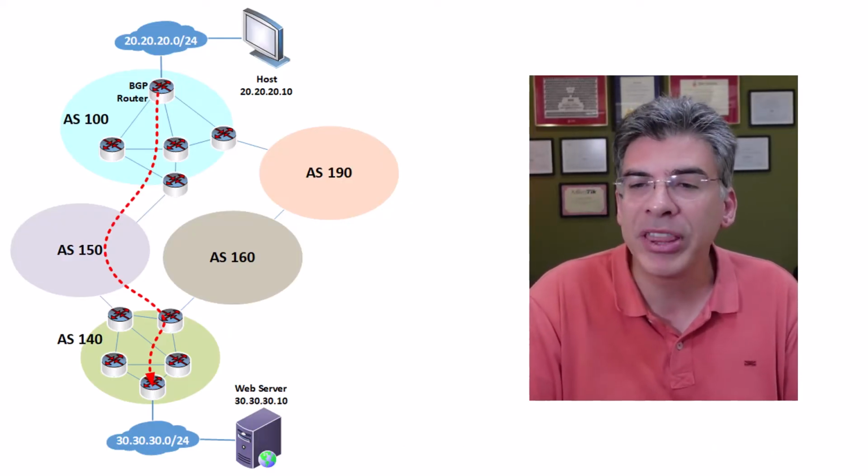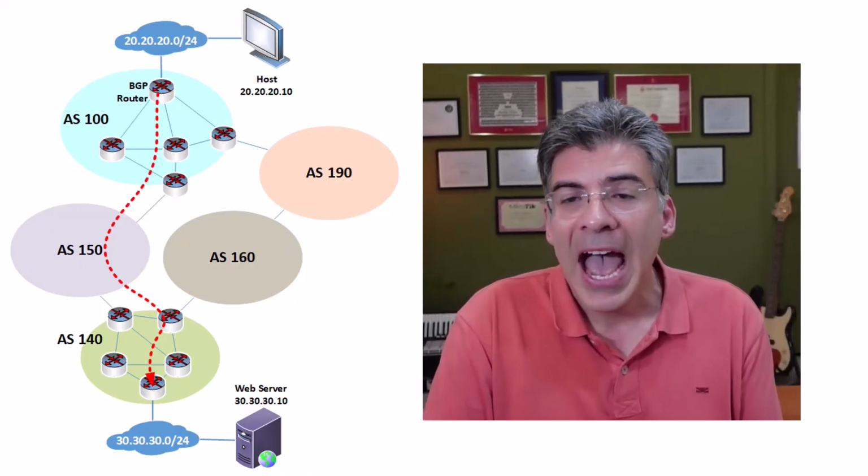Now let me just say a couple more things before I end off. How does BGP determine this best path? Well, as I hinted at the beginning of the video, the best path over the internet is rarely the shortest path. Routing on the internet must take into account various other criteria, such as compliance with agreements between entities administrating particular ASs, or the cost of routing traffic through one neighboring AS over another, or even geographical considerations, where we may want to physically route traffic through the infrastructure of one country and not another.